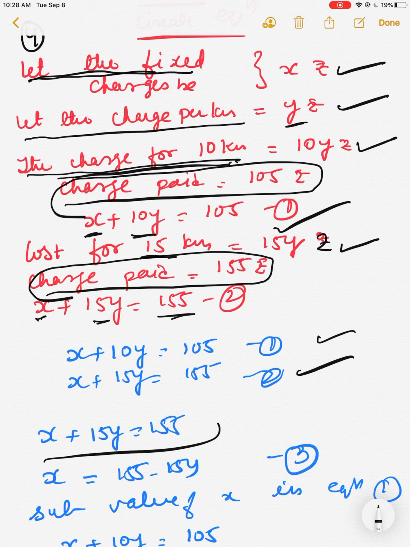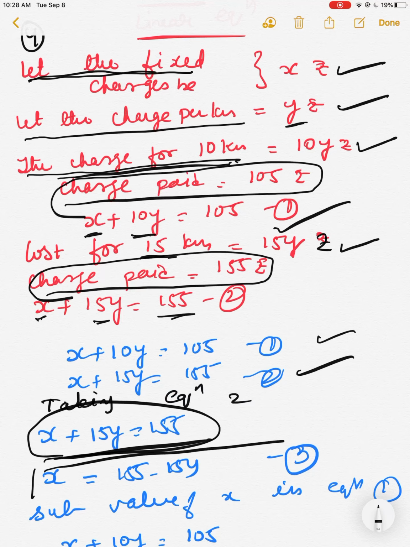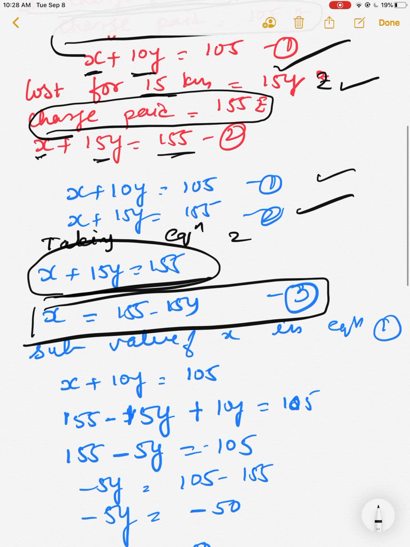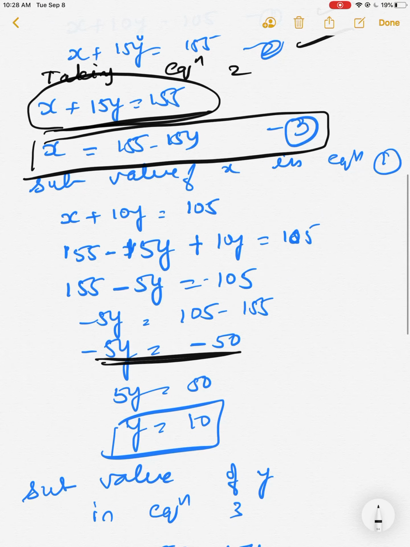Now we take the second equation and write it in x form. x is equal to 155 minus 15y. Now substituting the value of x in equation 1, we get minus 5y is equal to minus 50, so y is equal to 10 rupees.